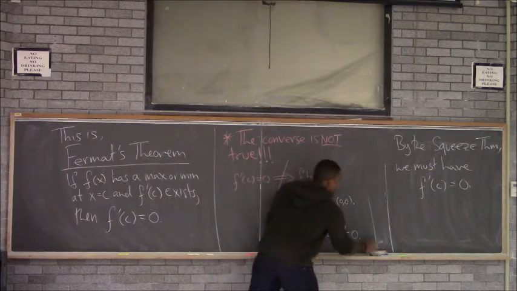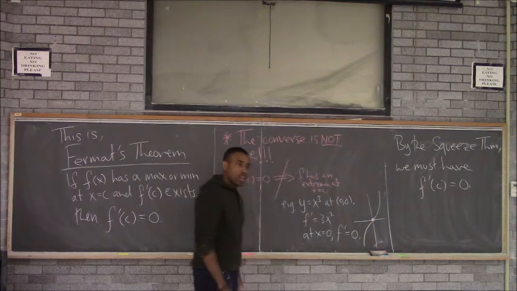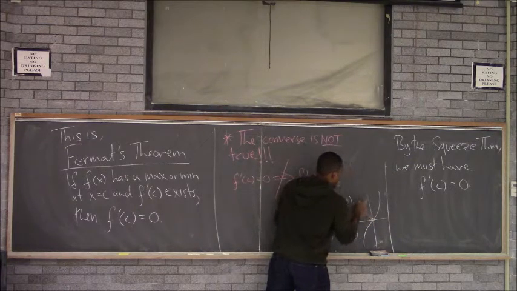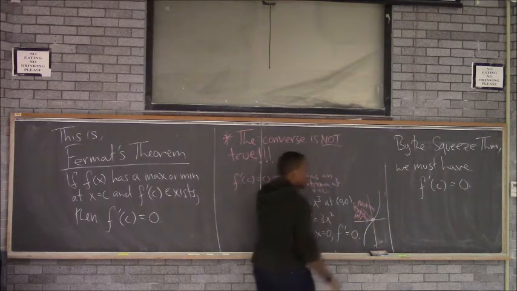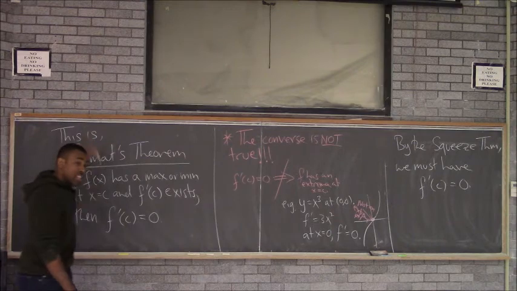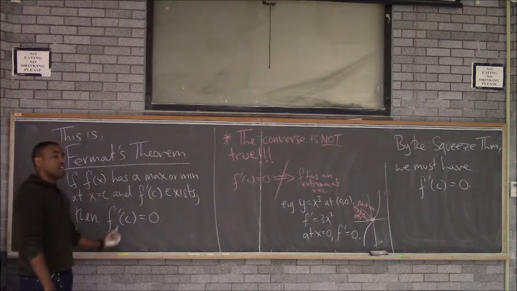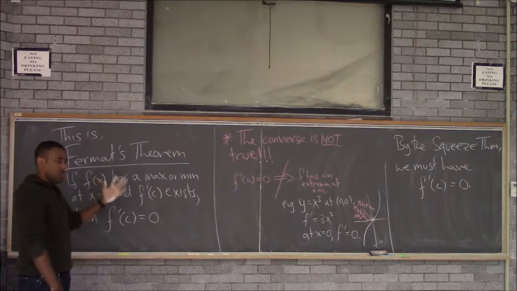But guess what? You know what x cubed looks like. There's no max or min there. Not an extreme point. So this statement works in this specific direction only. If you know the derivative is 0, it does not mean you have a max.